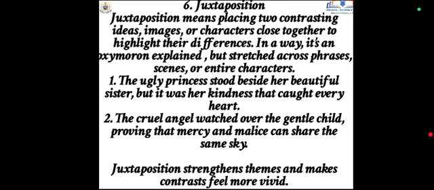Juxtaposition. Juxtaposition means placing two contrasting ideas, images, or characters close together to highlight their differences.